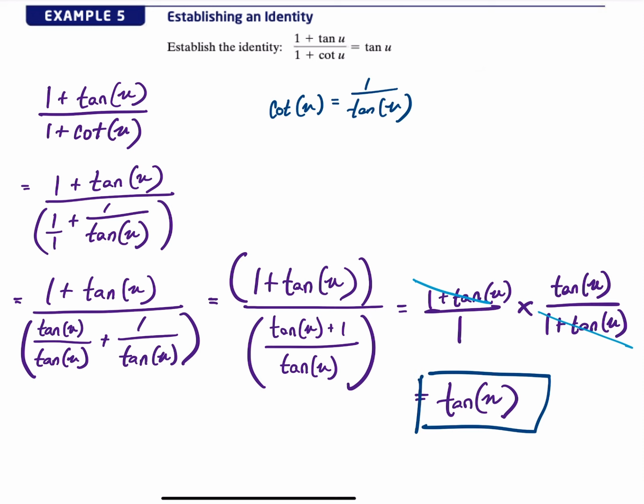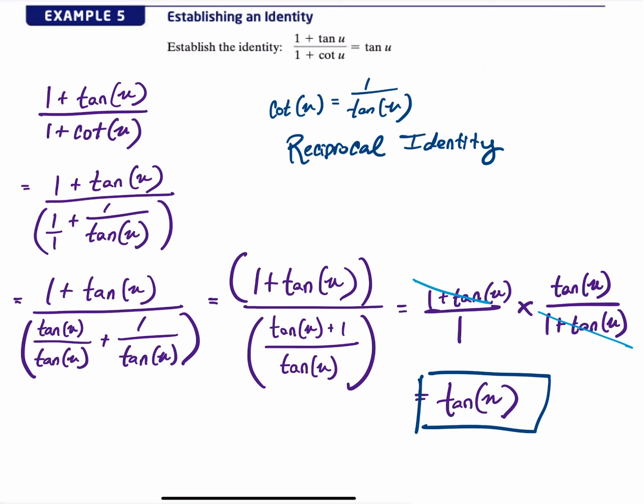You can just transform it using these. It was mostly a lot of algebraic techniques here with the double fractions, but we did use that reciprocal identity. And then the rest was some algebra simplifying these multiple fractions. We could have maybe tried converting everything to sine and cosine.